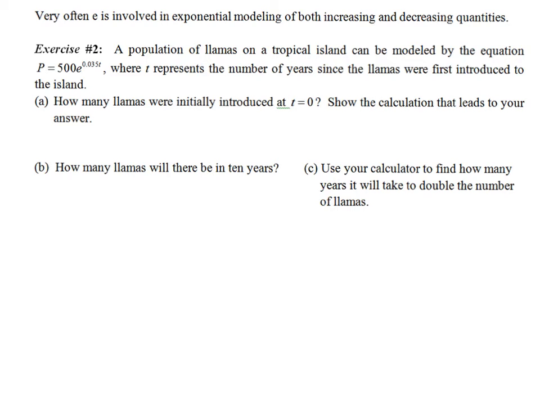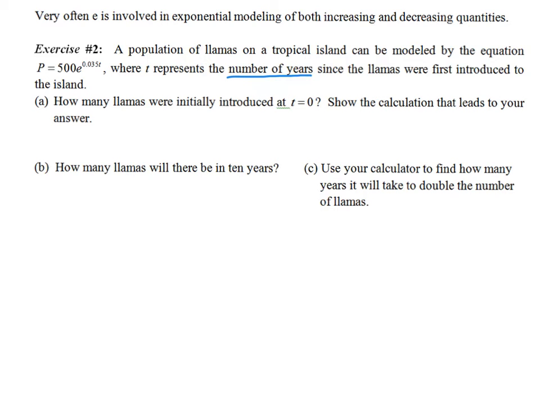It says a population of llamas on a tropical island can be modeled by the equation p equals 500 times e to the 0.035 t. Notice that t represents the number of years since the llamas were first introduced to the island. So the first question says how many llamas were initially introduced at time 0.